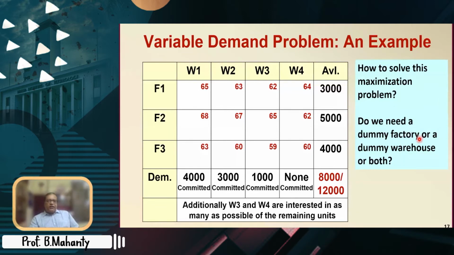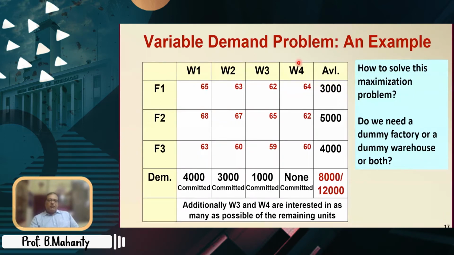Do we need a dummy factory or a dummy warehouse or both? What do we do? Should we take a dummy factory or a dummy warehouse? So think and tell me. Just think for a minute and then tell me, should we require a dummy factory or a dummy warehouse or both?